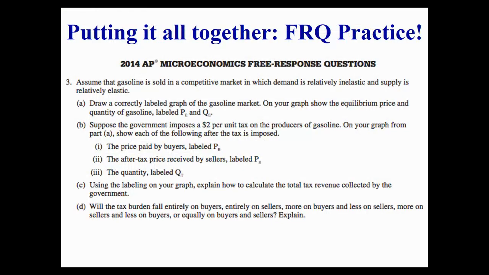Here is a practice example to go through. And this one here has the answers on the next couple slides. It says here, assume that gasoline is sold in a competitive market in which demand is relatively inelastic and supply is relatively elastic.